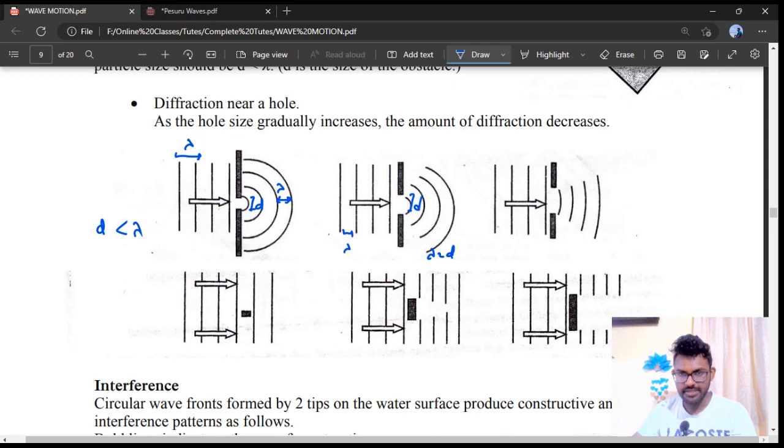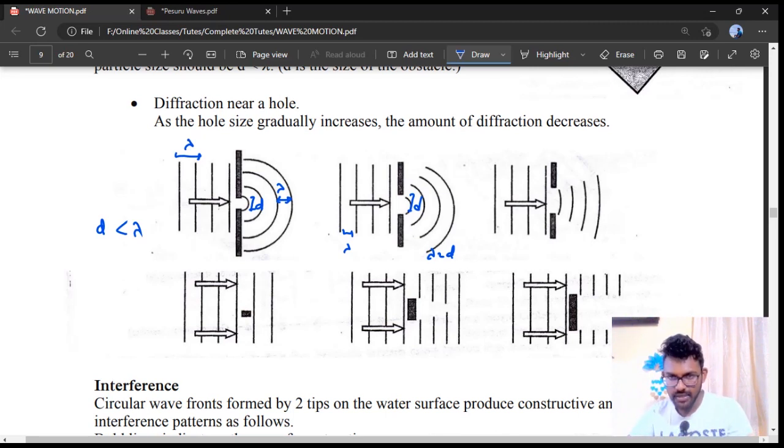Still it creates some bending. And here you can see the space is even bigger than the lambda. There's a little curve shape. How does that curve shape come about? That's due to the bending of light.